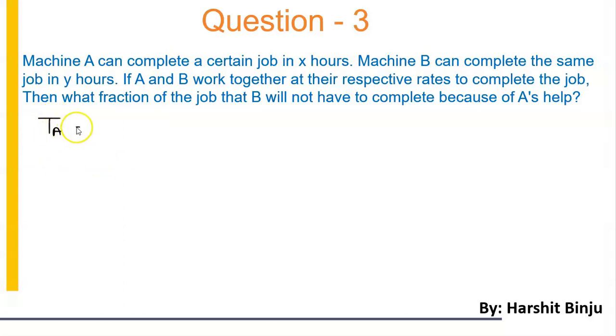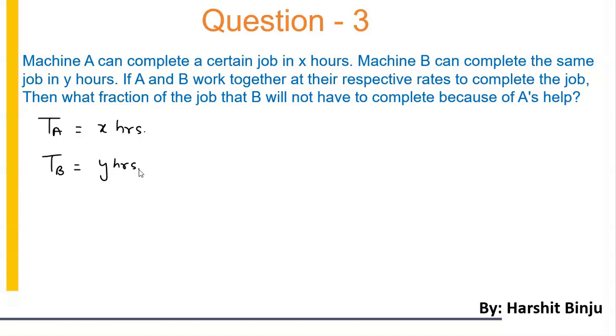So time taken by A is X hours. Machine B can complete the same job in Y hours. So time taken by B is Y hours. If A and B work together at their respective rates to complete the job, then what fraction of the job will B not have to complete because of A's help?